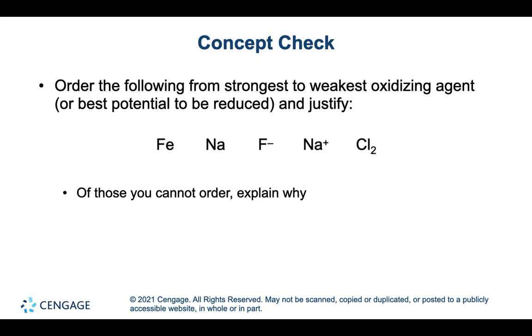So Fe is one of those things that I can't even put in order because it has no ability to be reduced. Likewise, sodium. I can't reduce sodium. I can oxidize it to make Na+, but I never make Na negative. There is no example ever in chemistry where Na gains electrons. Metals don't gain electrons, they lose electrons. Also, F-.